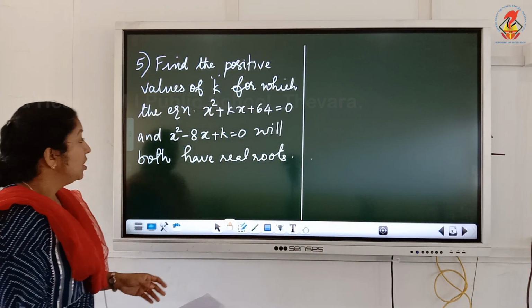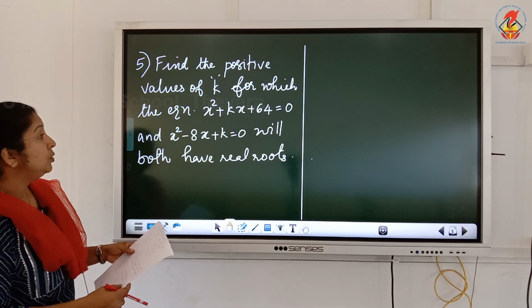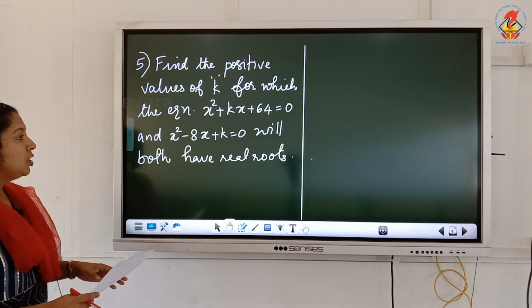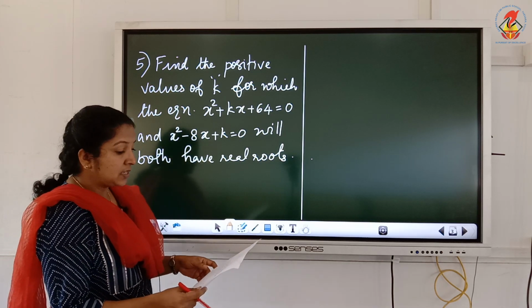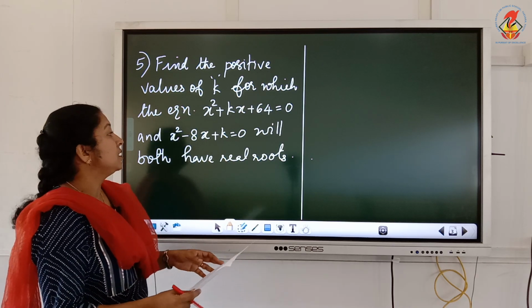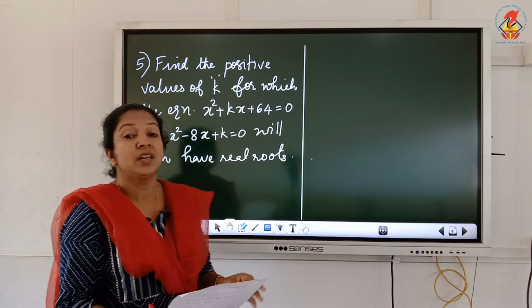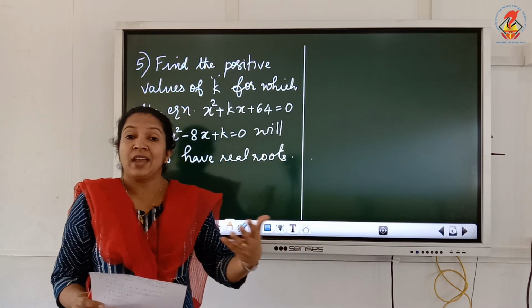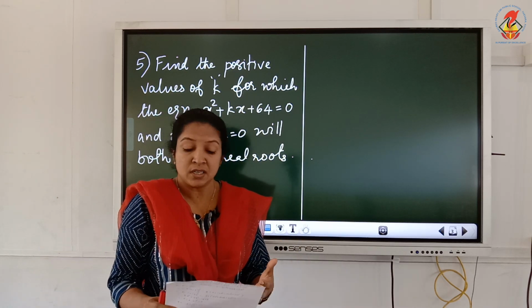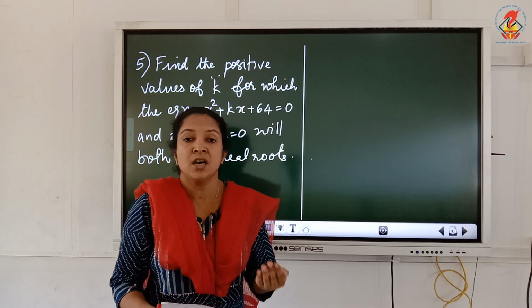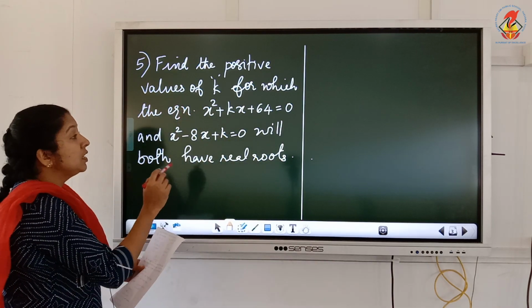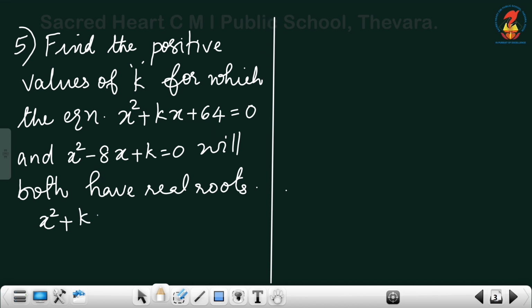Second question, find the positive values of k for which the equation x² + kx + 64 = 0 and x² − 8x + k = 0 both have real roots. If they have real roots, clearly the discriminant is greater than or equal to 0, that is, b² − 4ac ≥ 0 in both cases. Case 1: x² + kx + 64 = 0.